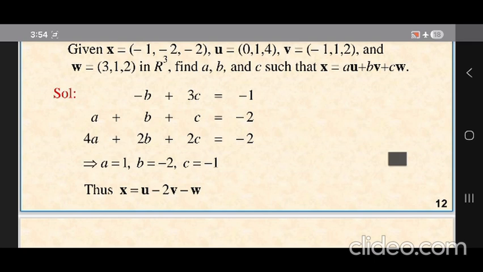Then the first element of the v vector is minus 1, so minus 1 into b is minus b. Plus the first element of the w vector is 3, so 3 into c, equal to minus 1. That is the first equation.